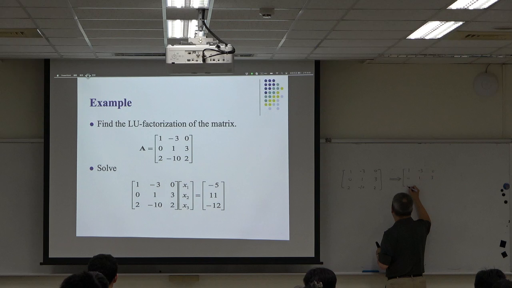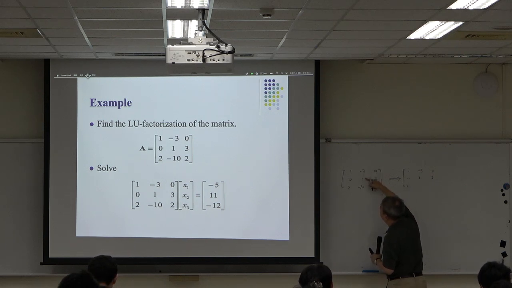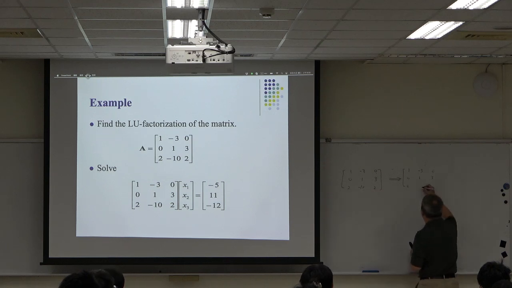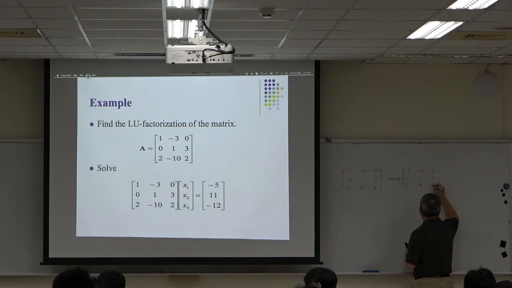then this is 0. Multiply -2, so it's 6. Okay, 6 plus -10 is -4. So this one is 2.